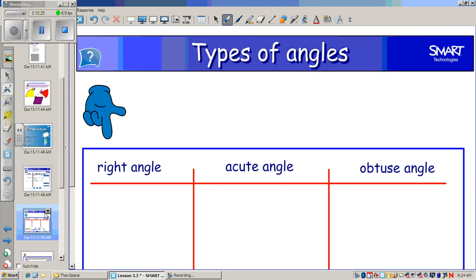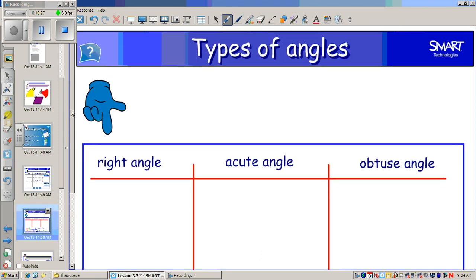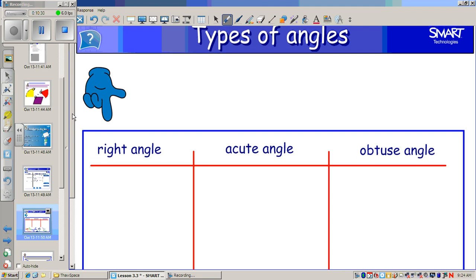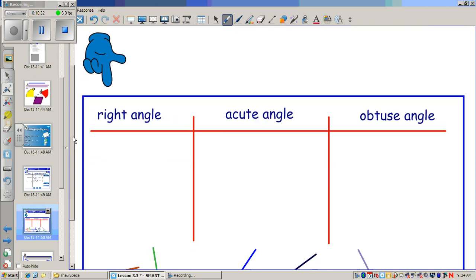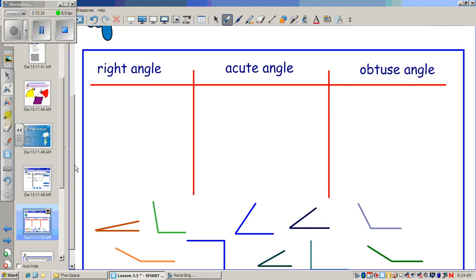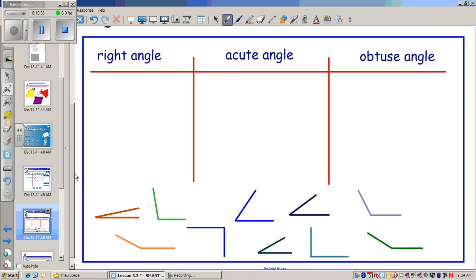On this one, I want to help put them in order by the type of angle they are. Now at the bottom, I have a bunch of different angles listed. And with these angles, we can put them into the right category. So is it right, is it acute, or is it obtuse? So let's start by moving a few angles. I know this little guy is acute because he measures less.